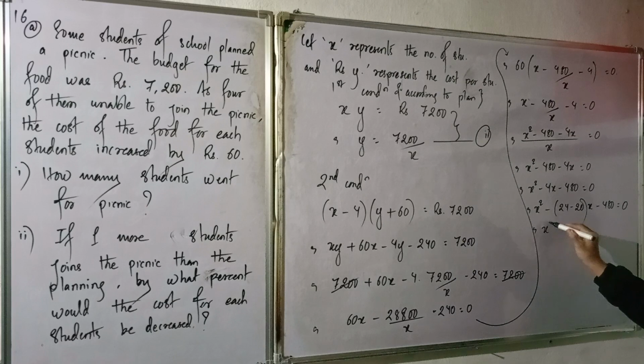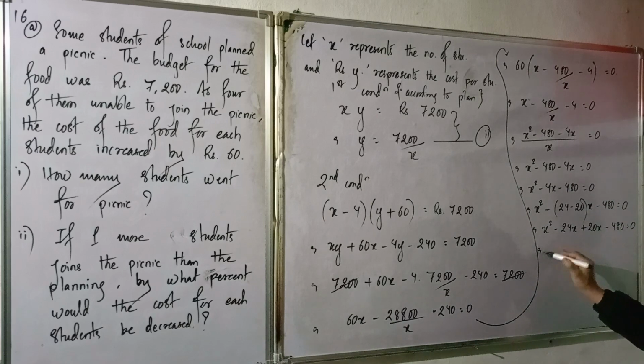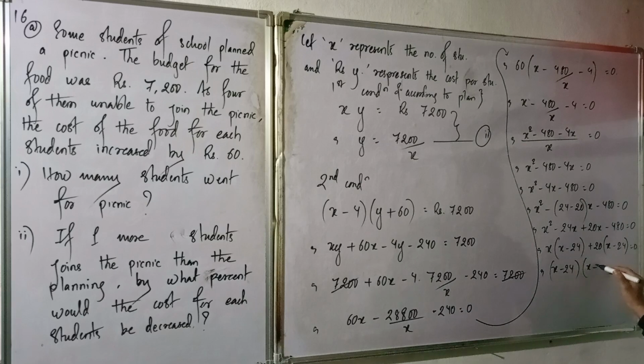Now x squared minus 24x plus 20x minus 480 equals 0. You can take 20 common: x minus 24 times x plus 20 equals 0.